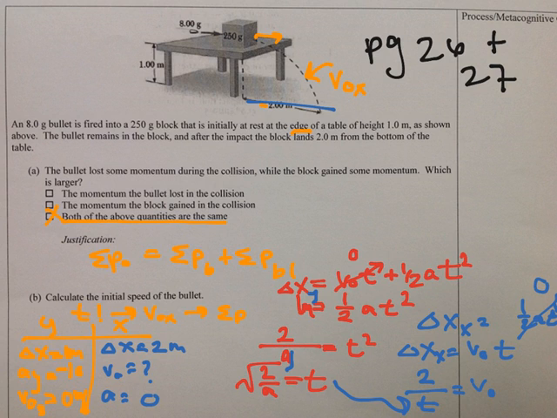Something to note, that this is not the initial velocity of the bullet, this is the initial velocity of both the bullet and the block as they go off that ramp. So you're finding this velocity up here, right? So as they go off, and then once you get there, then you can use conservation of momentum.